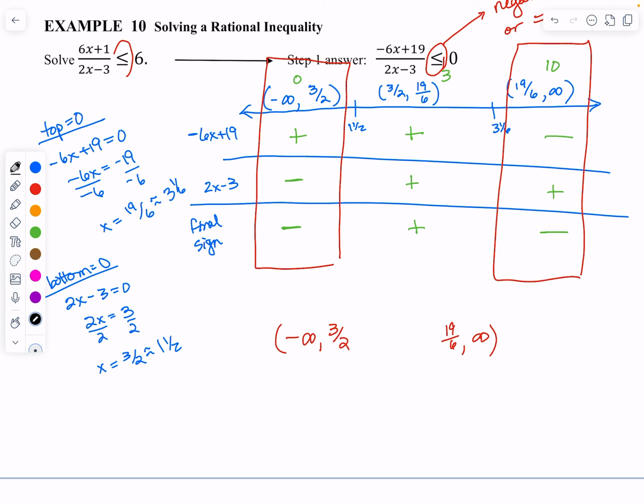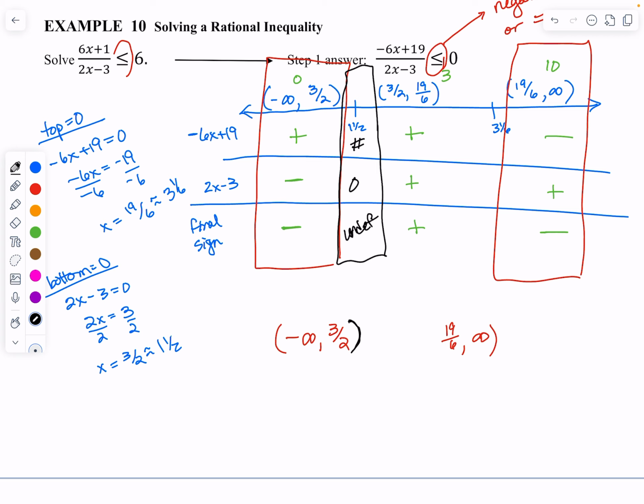I just know that it's going to be some number. But what gives me a 0 is my 3/2 on the bottom. So I got a 0 on the bottom. So this one is undefined, which means it can't be an answer. That's going to get a parentheses.